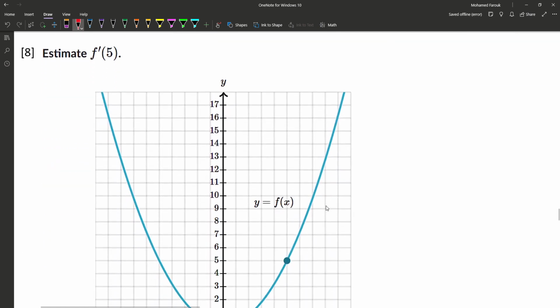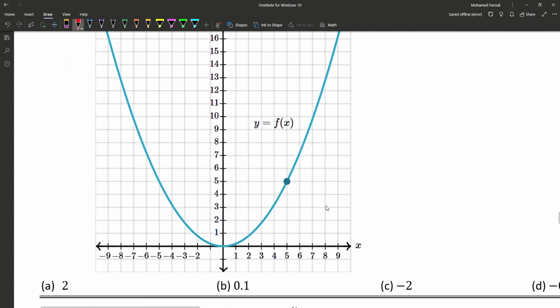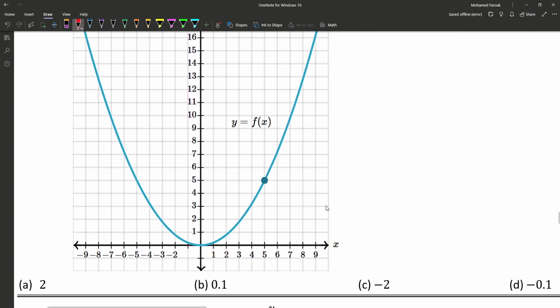We need to estimate f dash of 5, and we have some choices here. At first, to estimate f dash of 5, we will come to this one and we will draw the slope. You can draw it with your ruler for a better estimation. The slope of this tangent line is positive because from the left to the right it is going up, so it will be 2 or 0.1.